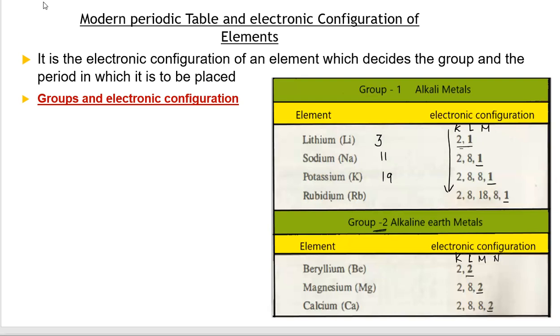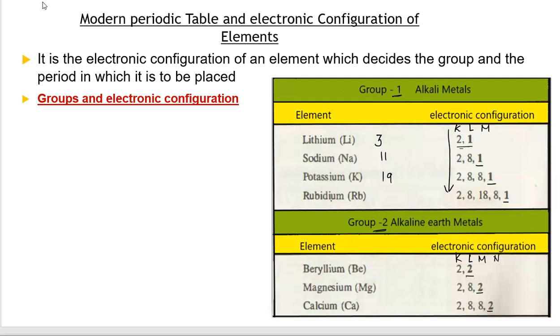If the number of electrons in the outermost shell is 1, that belongs to group 1. So what can we conclude from this? How to decide the group? If the number of electrons in the outermost shell is the same, all these elements belong to the same group. If they have the same number of valence electrons, they belong to the same group.